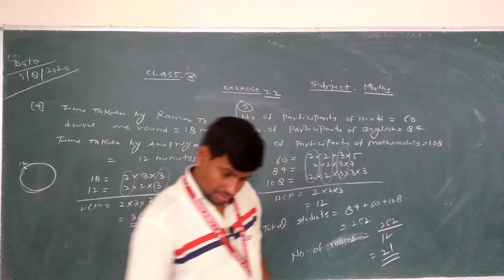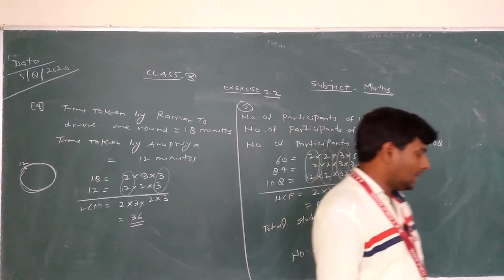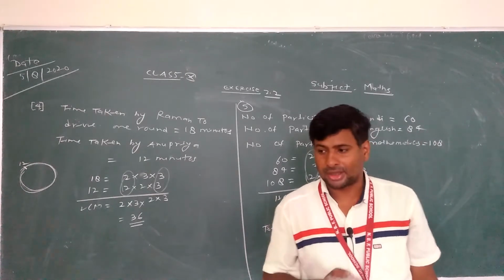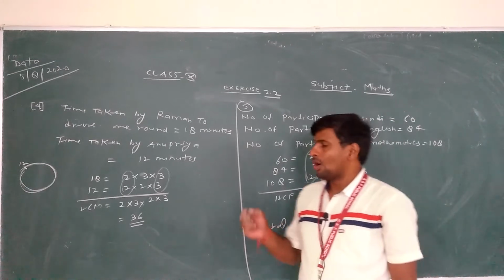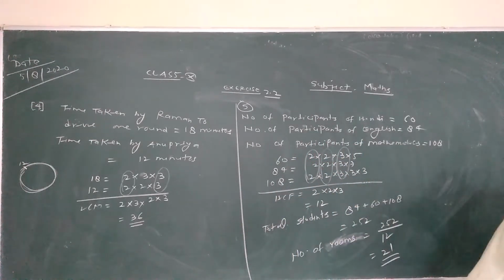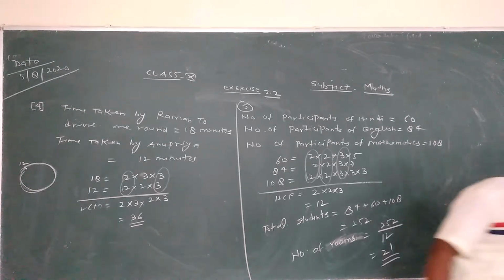Then see exercise 2.3. Before entering exercise 2.3, first we discuss one theorem about irrational numbers. Then see theorem 2.3.